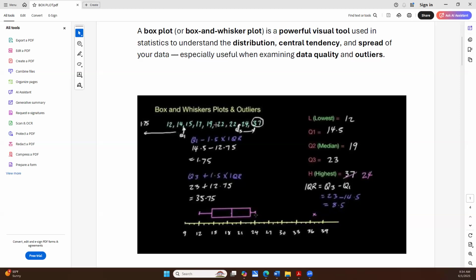So is it 12 or 14? Which one is right? Because when we say that the highest is between 22 and 24, the 24 is the highest one after the Q3. And on the lowest side, when we say that Q1 is 14.5, between 14 and 15, the lowest should be 14, right?